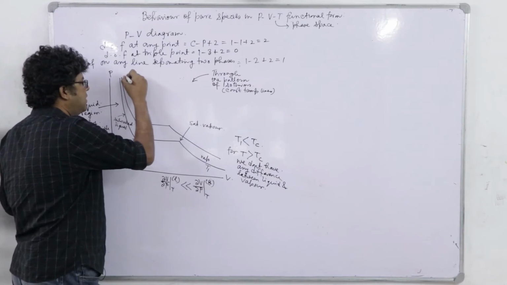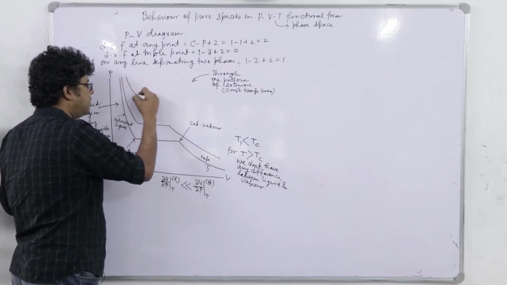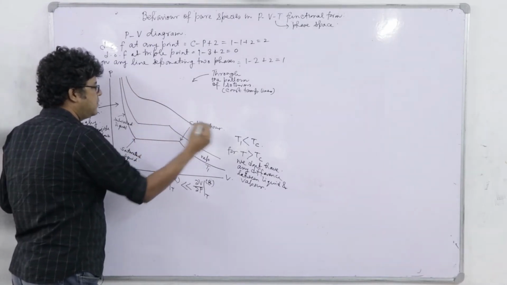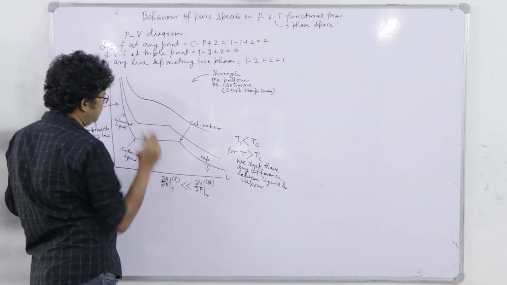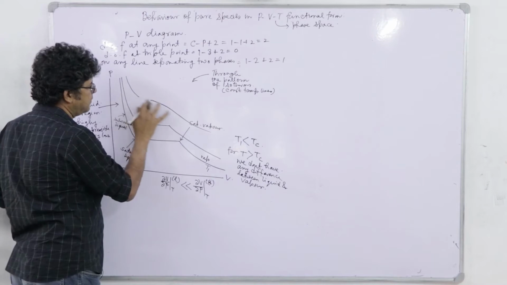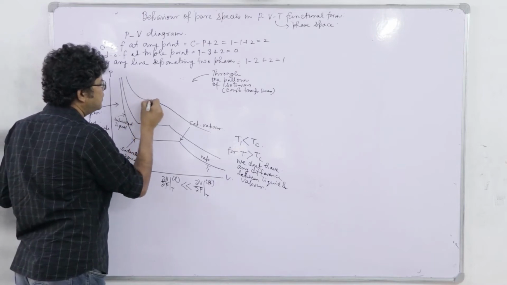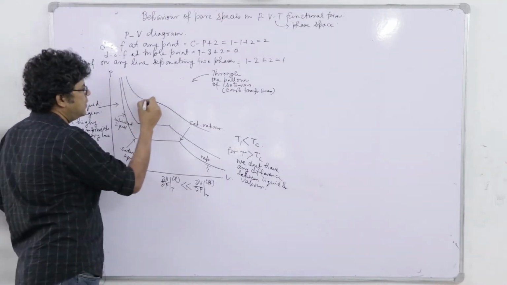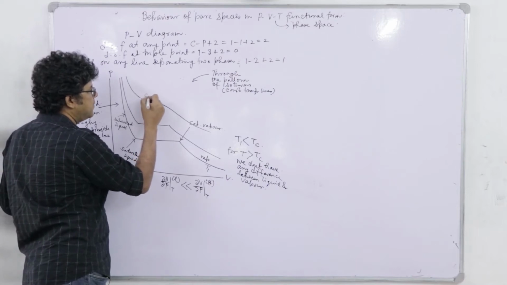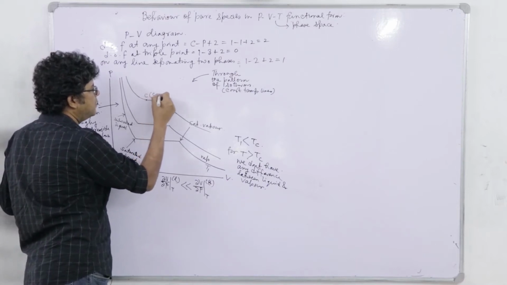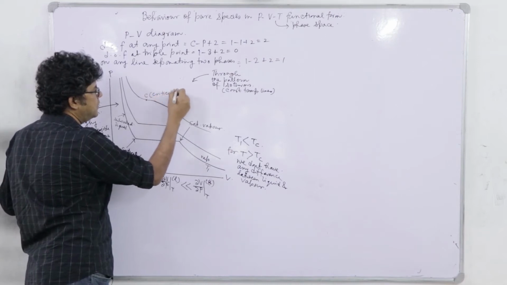And finally, at the point of criticality, it will be like this. So, this two-phase region reduces to a point. Okay. Two-phase region reduces to a point, and that is the critical point. See, this is the critical point.